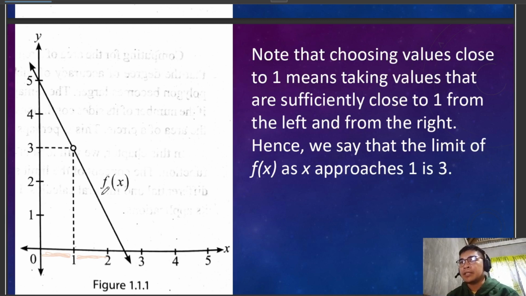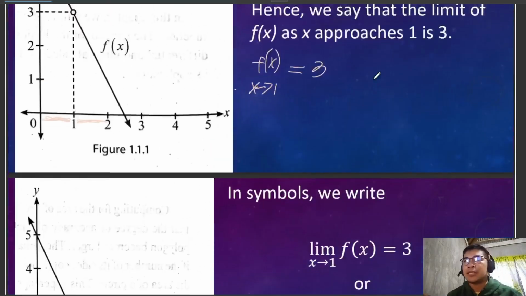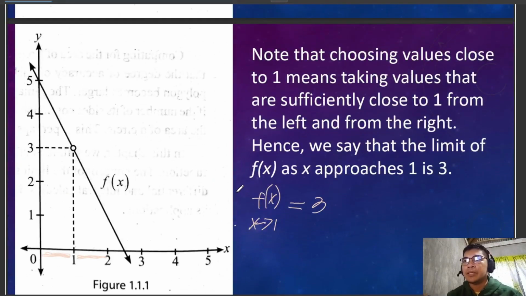So we can say that the limit of f of x as x approaches 1 is 3. Okay? So f of x, the limit of f of x as x approaches to 1 is 3 through this. So in symbols, we have this one, limit of f of x. So may kulang ta dire, the word limit.